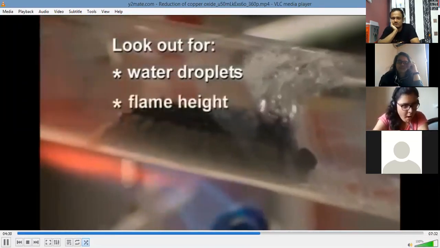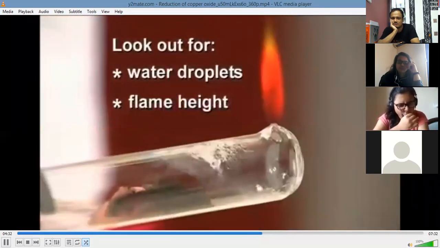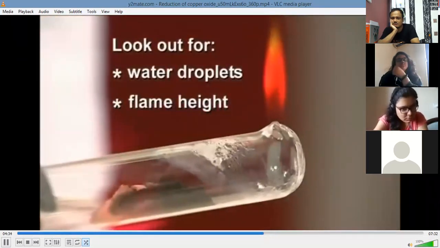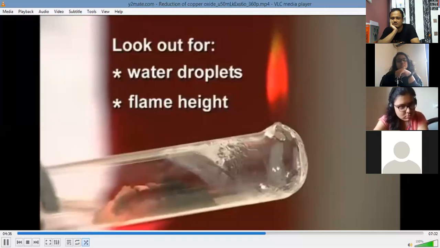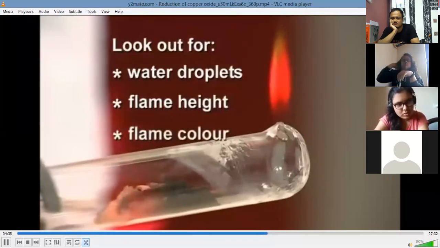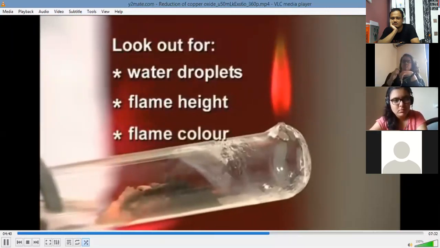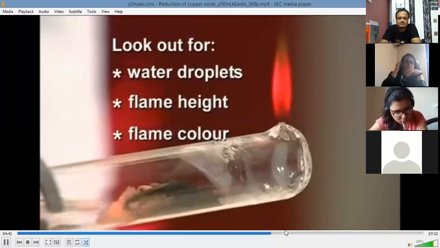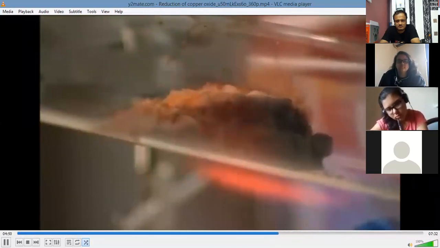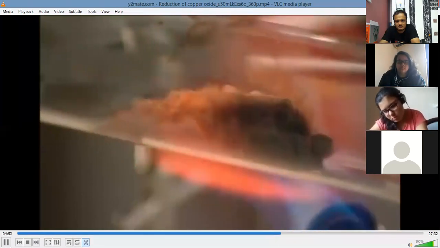The height of the flame will drop as some of the hydrogen is used up, reacting with the oxygen in the copper oxide. The flame may develop a green coloration caused by copper atoms vaporized into the flame. Use the Bunsen burner to chase the glow along the length of the oxide until all the black copper oxide has been changed to pinkish copper. This will take up to a minute.